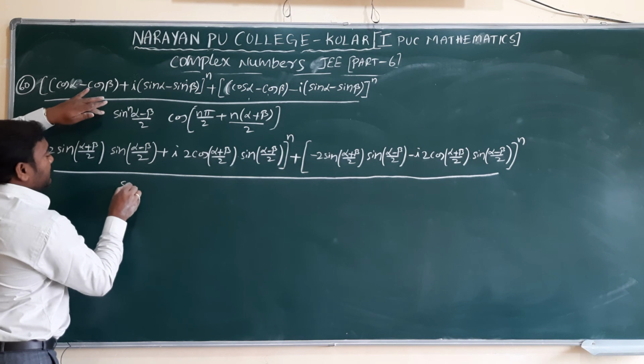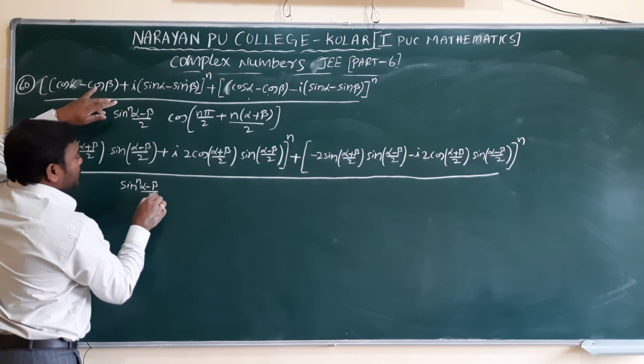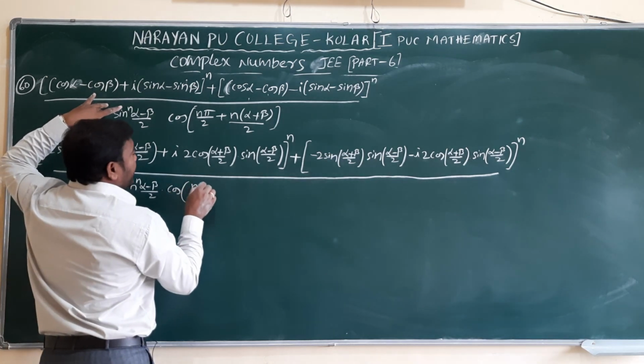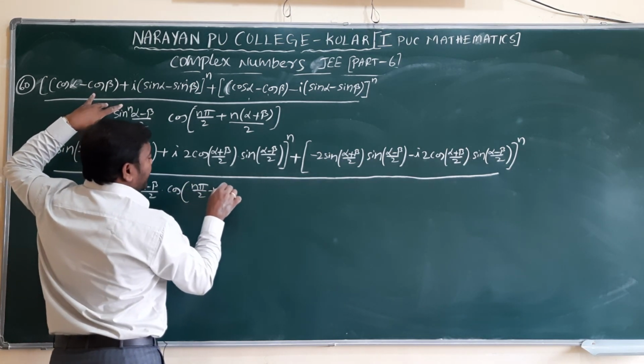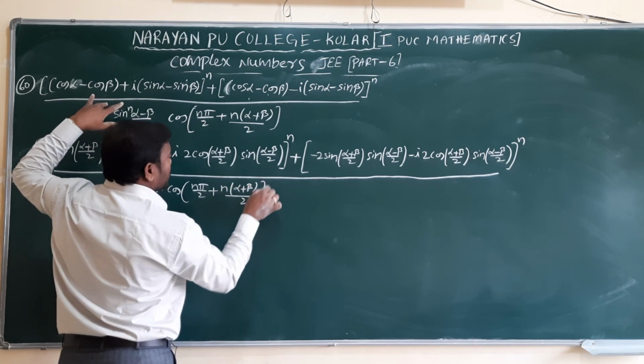sin power n of (alpha minus beta)/2 into cos of (n pi/2 plus n into (alpha plus beta)/2).